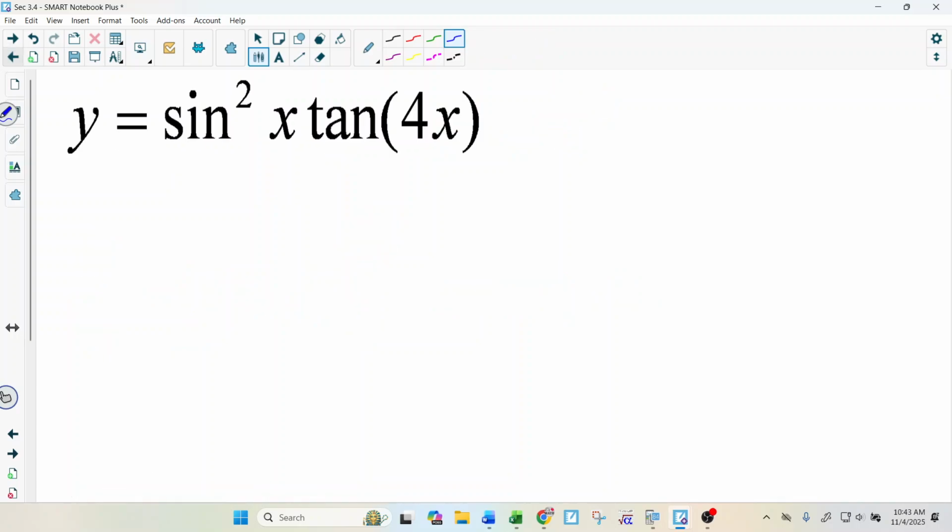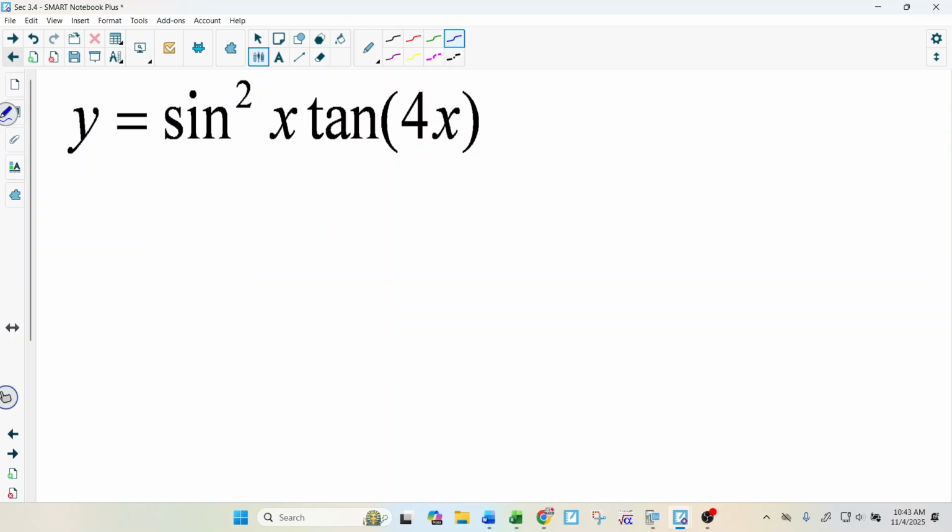So we're not going to do this one because of time. Let's just think about this one. If you were going to do this one, what is the overarching rule that you'd have to do first? Product rule. And then when you take derivative of the first, would you have to use chain rule? No. The first is sine squared.